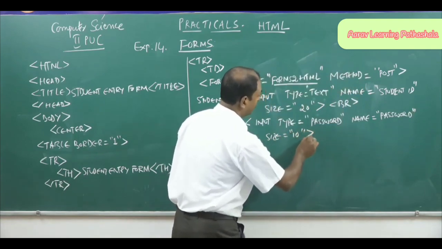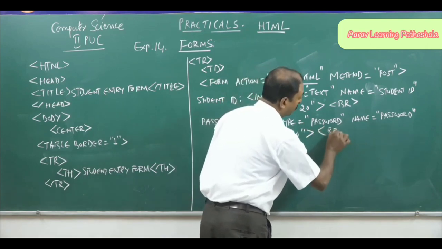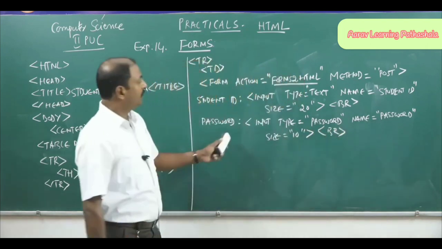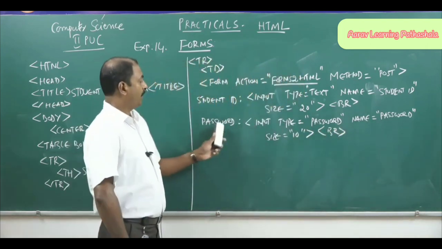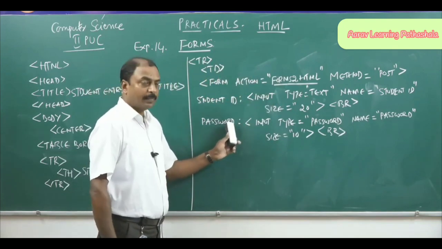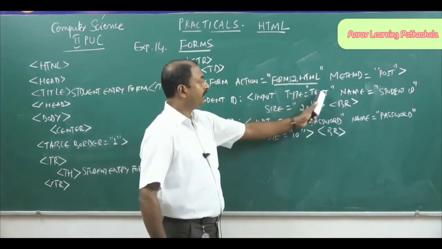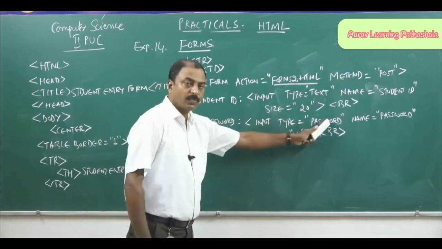Again I can make use of the BR tag. So this is the input tag for the password element. Here the type is text, and here the type is password. This is another form element.